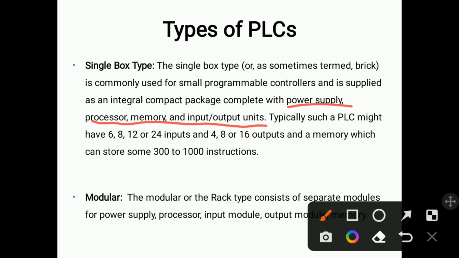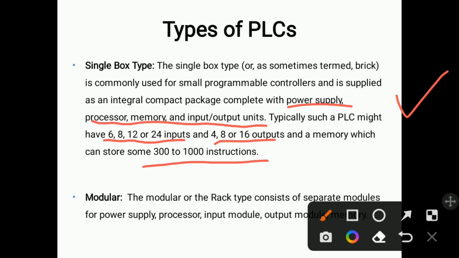Typically such a PLC might have 6, 8, 12 or 24 inputs, up to 16 outputs, and a memory which can store 300 to 1000 instructions. This is called the single box type PLC.